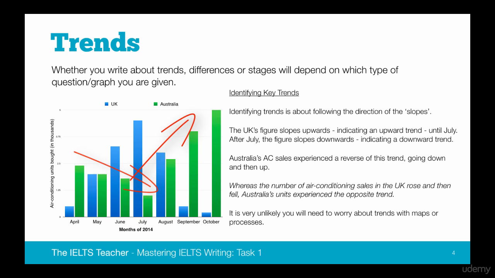So then in your overview, to address the requirement to identify main trends, you simply mention this. Whereas the number of air conditioning sales in the UK rose and then fell, Australia's units experienced the opposite trend. You're just identifying those main trends. It's very unlikely you'll need to worry about trends with maps or processes, so focus on those when talking about graphs with a trend.